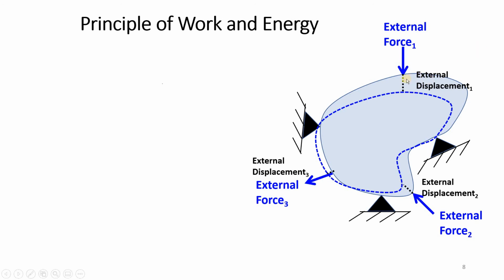External displacement 1 is produced at the point of application of external force 1. Similarly, external displacement 2 is produced at the point of application of external force 2. Although there will be displacement all over the boundary of the body, we are considering the displacement at the point of application of the external forces, because the reason will become clear in a while.